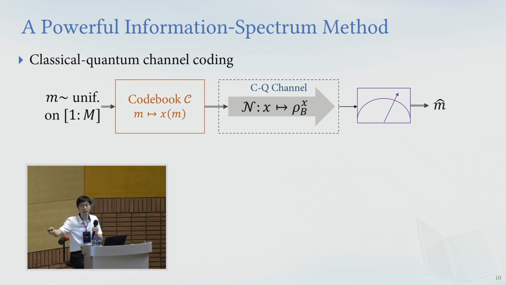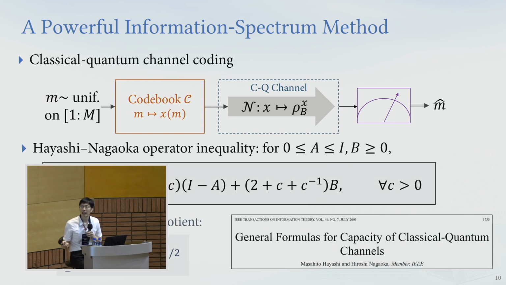However, at the output, the decoder is a quantum measurement. So in 2003, Hayashi and Nagaoka proposed the so-called Hayashi-Nagaoka decoder, and proved a stronger one-shot result compared to the HSW theorem. Their proof relies on a powerful operator inequality.